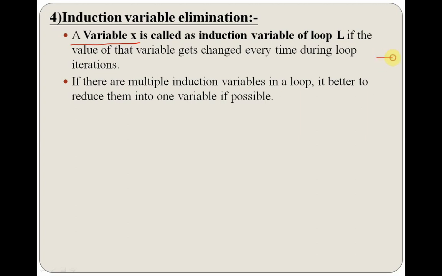If there are multiple induction variables in a loop, then it is better to reduce them into one variable if possible. If the loop contains more than one induction variable, then it is better to reduce the number of induction variables but achieve the same result.